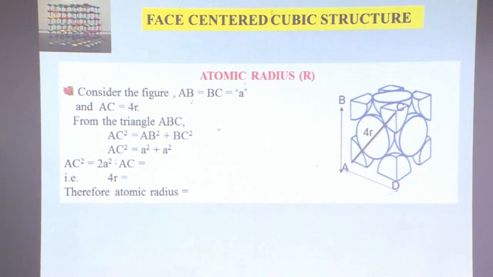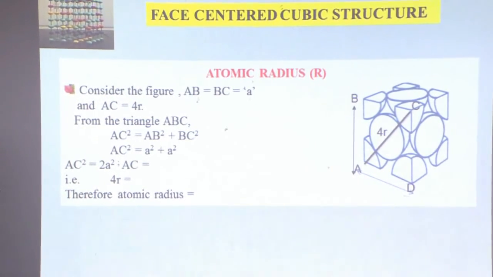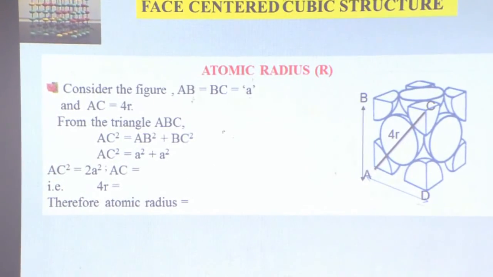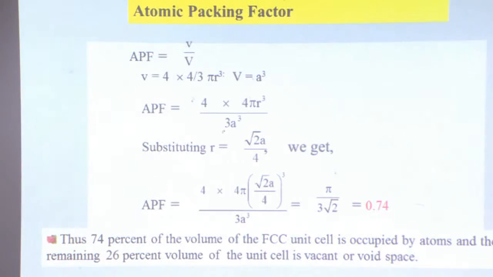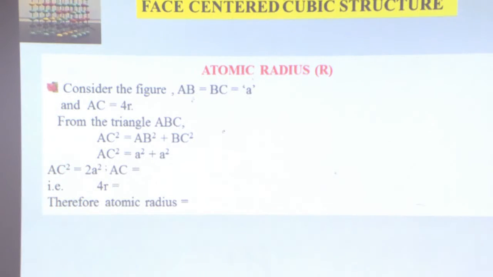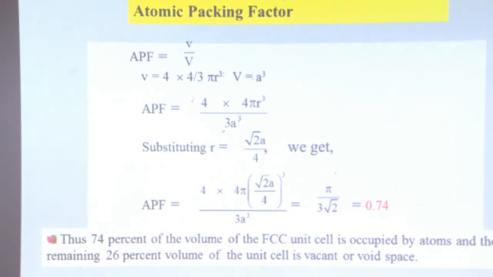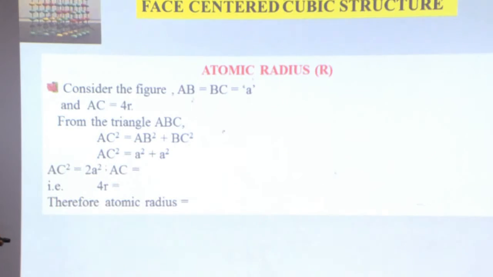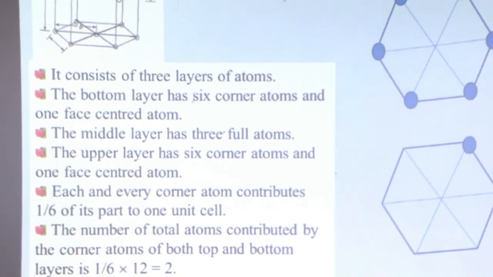Now from this we can calculate R. Be careful when substituting the values: AC is 4R, the whole square, so 4R the whole square comes to 16R square, which is equal to 2A square, or R is equal to A by 2 root 2.